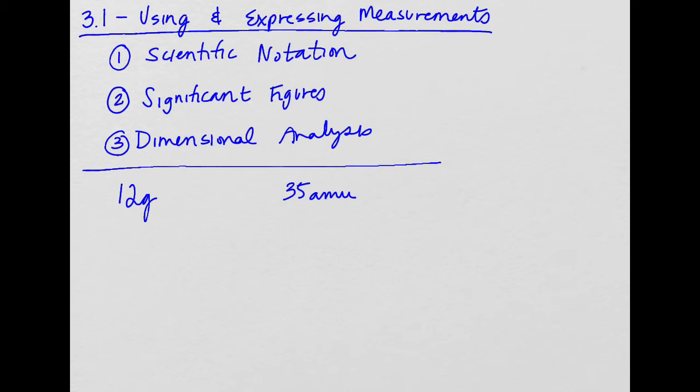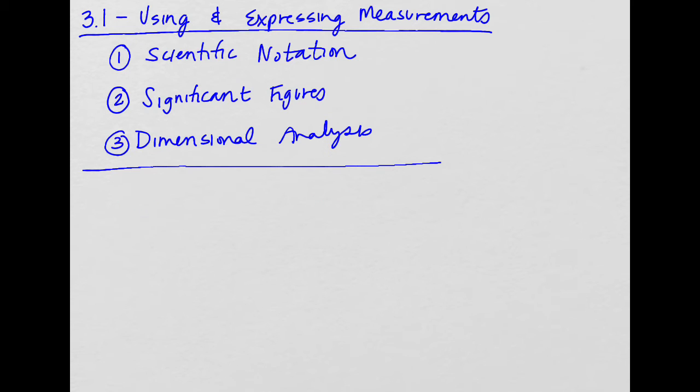We have liters, we have meters, we could have 12 liters, we could have 12 meters. We have all of these different measurements that we have to be able to express correctly, and to be sure that they're accurate. We have to be able to write these things correctly in chemistry.